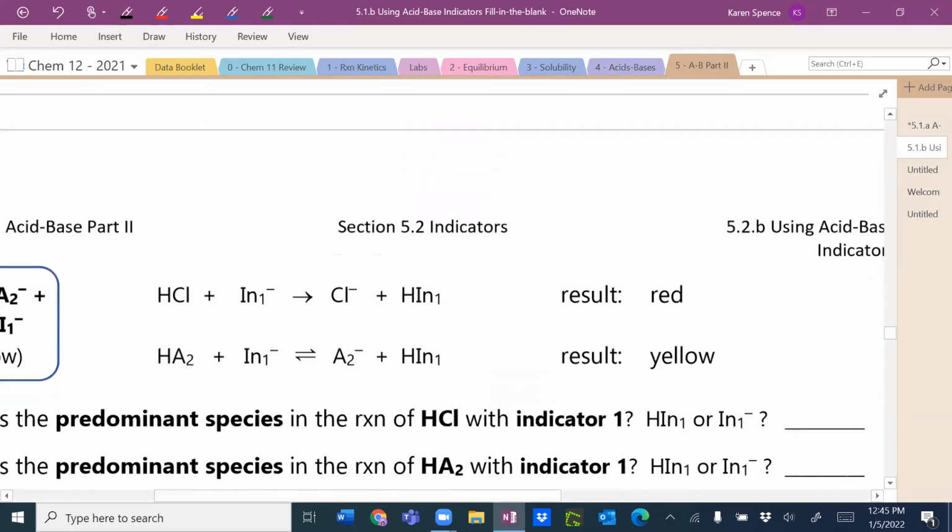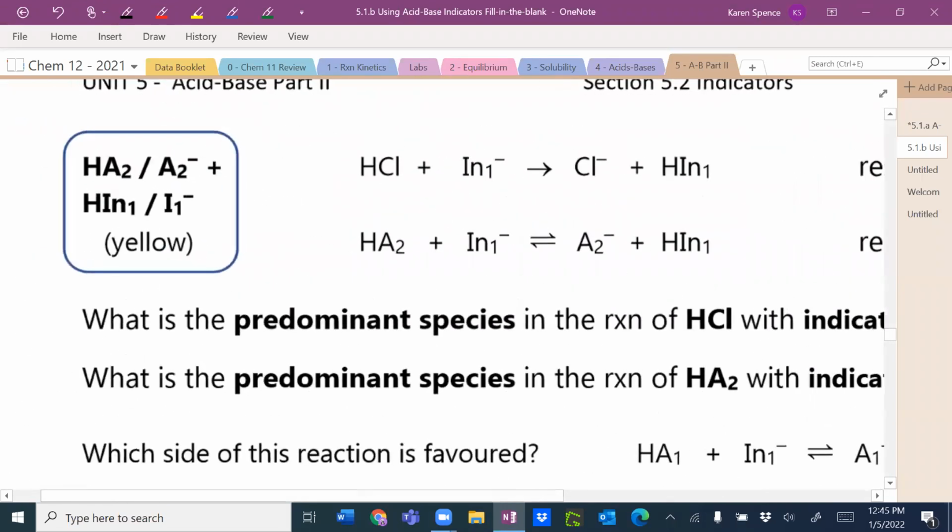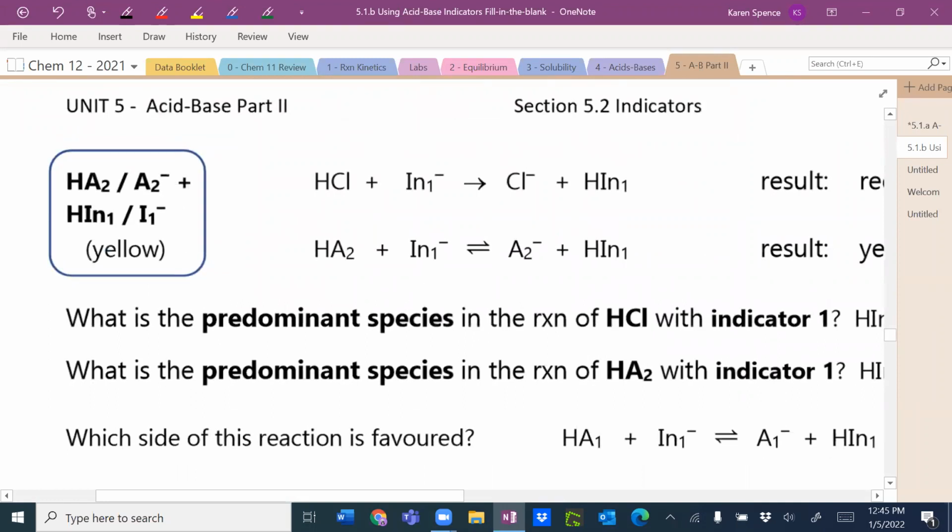Okay, and on the next page we have HA2. I'm not going to go through the whole thing. If you want to look it up in the filled in copy, you can, but it's pretty straightforward, I think. We have HA2 with the indicator is yellow.